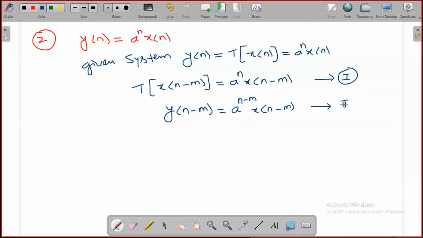This is equation 2. Now check equations 1 and 2: equal or not equal? Simply not equal. So the system is time variant.